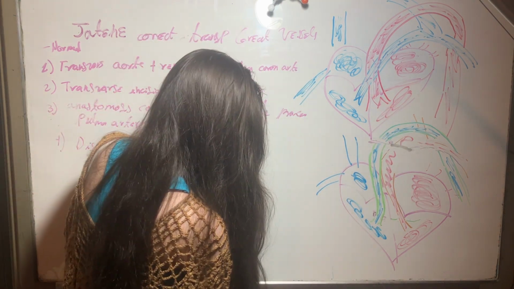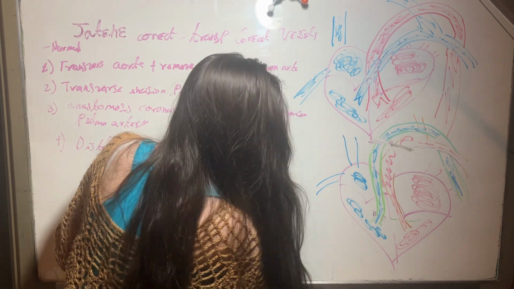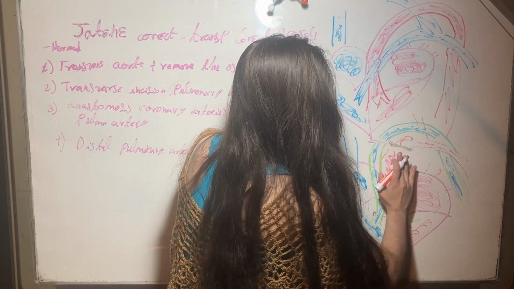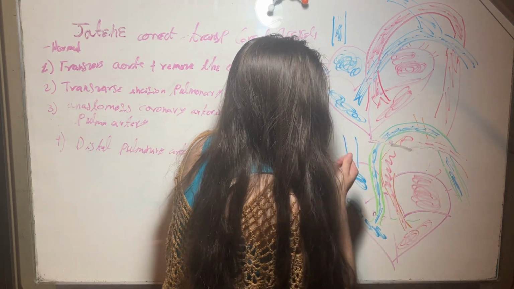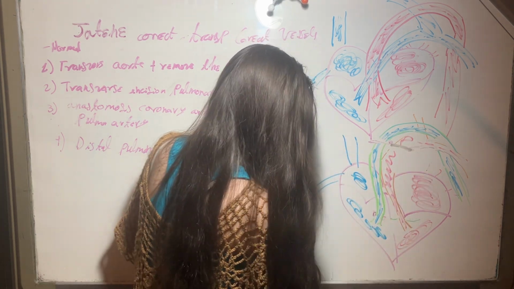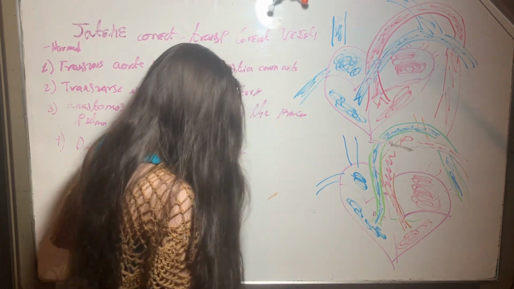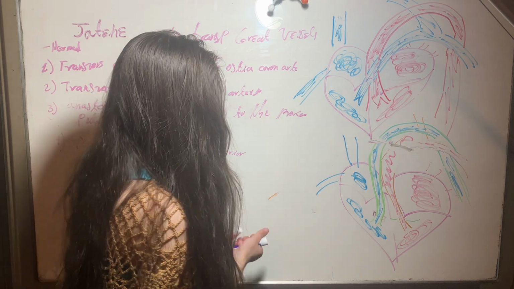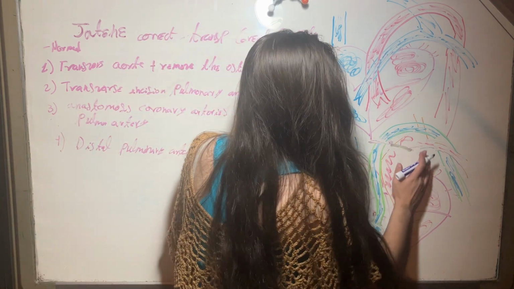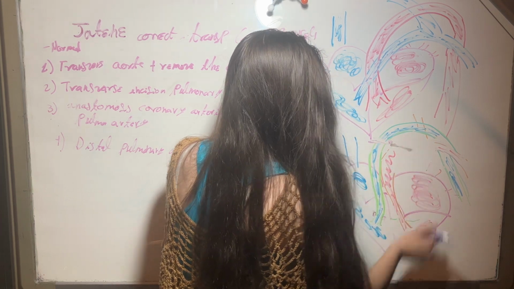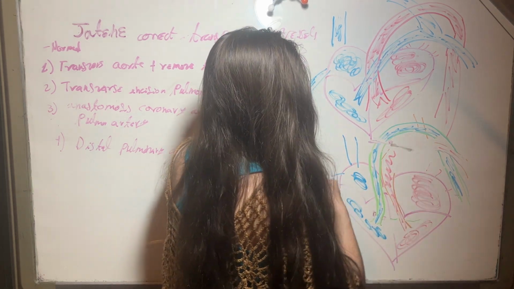So this is the distal portion of the pulmonary artery. So I'm going to pass it in an anterior position.